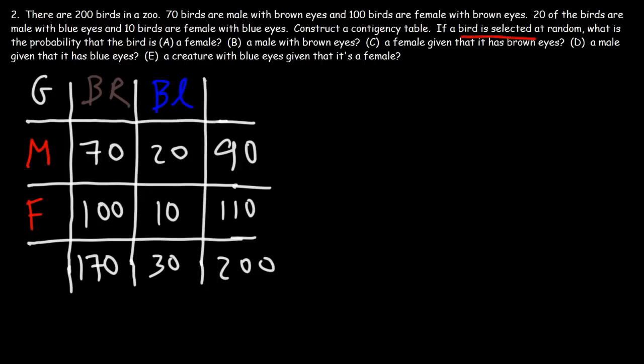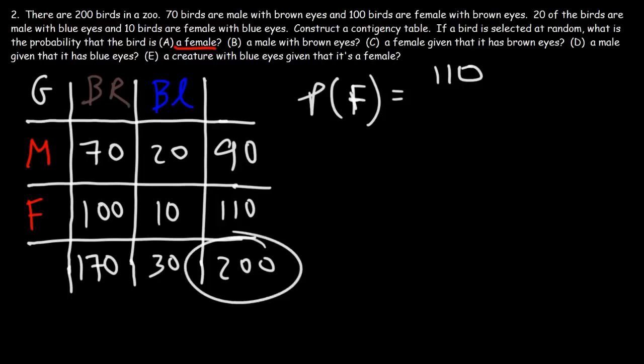If a bird is selected at random, what is the probability that the bird is a female? So let's start with that. So what's the probability of getting F? So there's 110 birds that are female out of a total of 200 birds in the zoo.